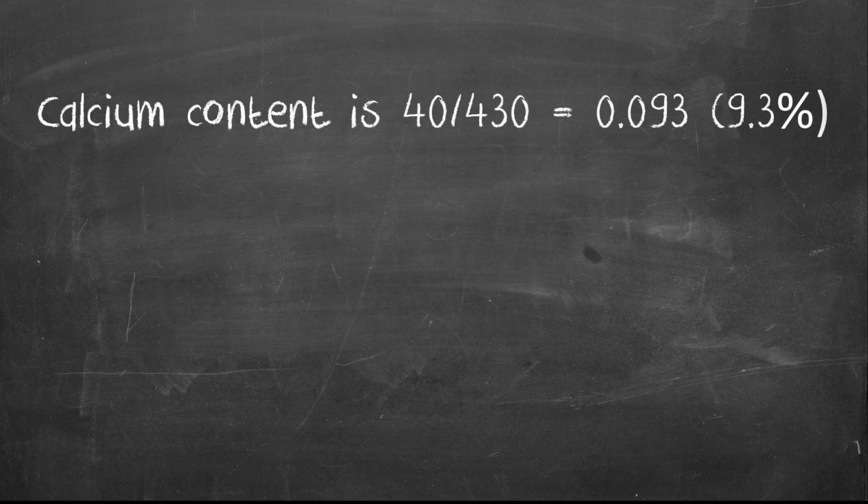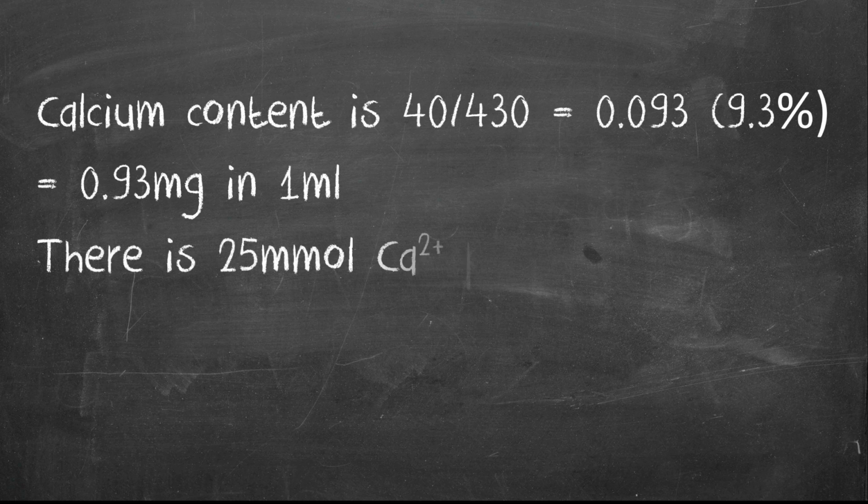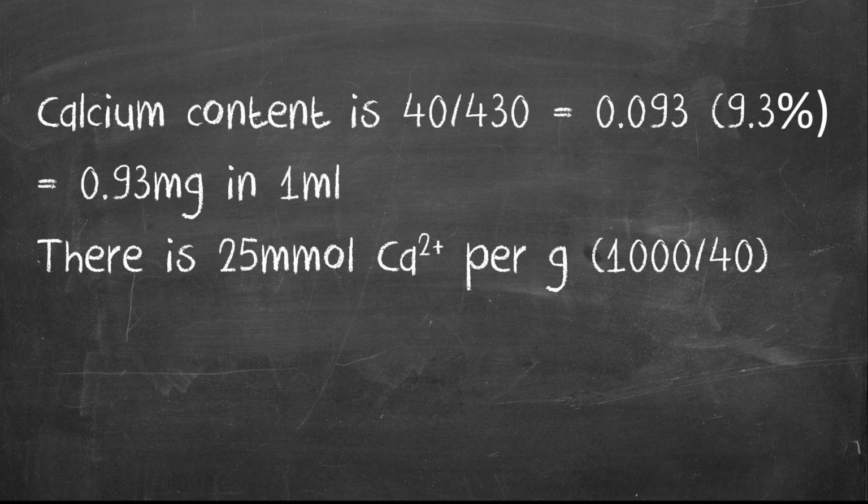The calcium content is 40 divided by, of course, the molecular mass of calcium gluconate, which works out at 0.093 or 9.3%, or 0.093 grams in 1 mil. There are 25 millimoles of calcium per gram. That's 1,000 divided by 40.